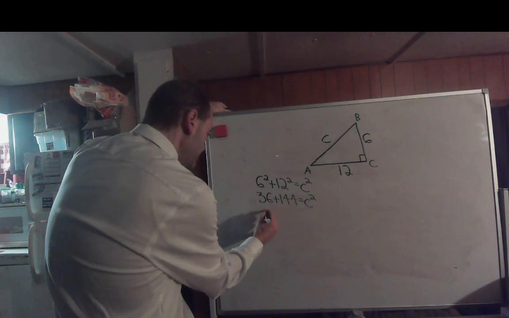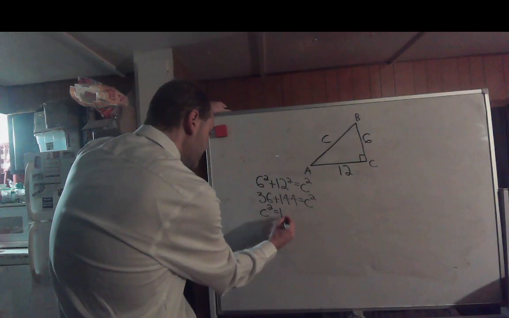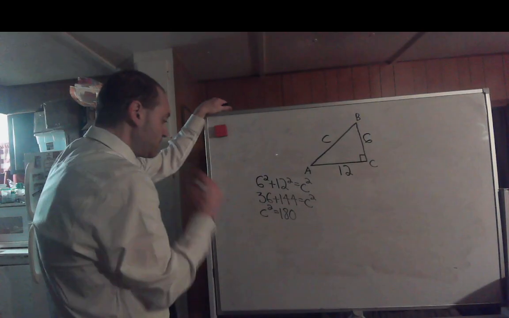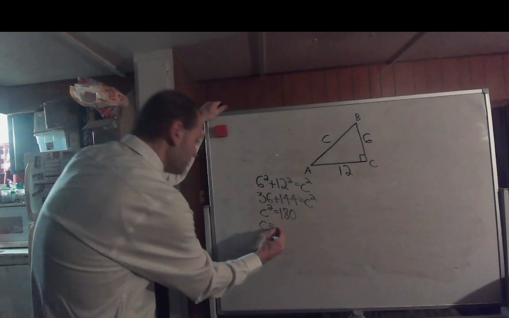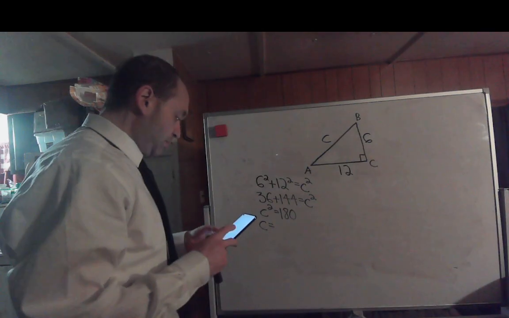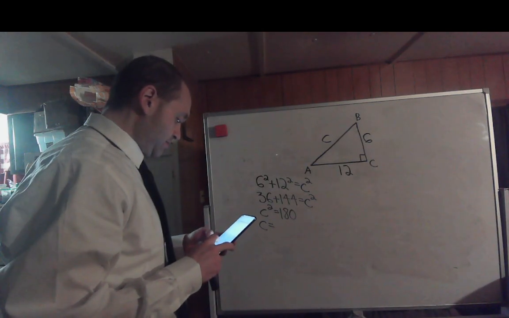So this would give you that C squared equals 180. So then C equals the square root of 180, which I want to see how that breaks down.